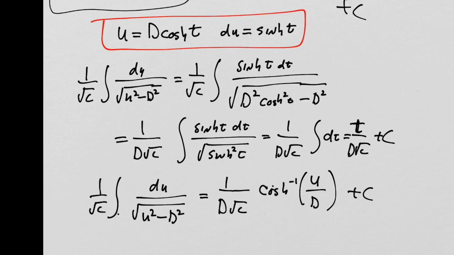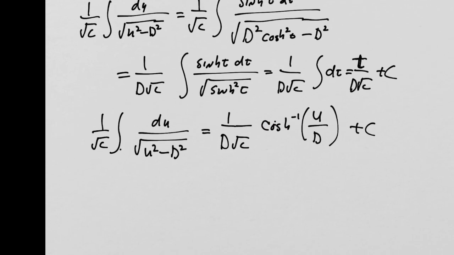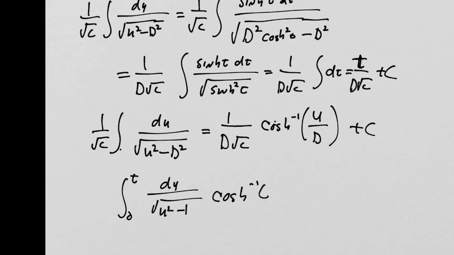You'll get this integral is this factor times the inverse hyperbolic cosine. And what you're essentially doing when you do this, by the fundamental theorem of calculus, is that the definition of the inverse hyperbolic cosine is actually defined this way.